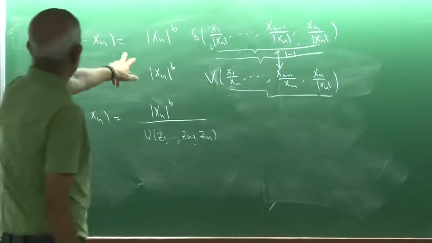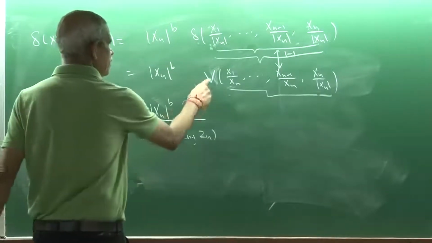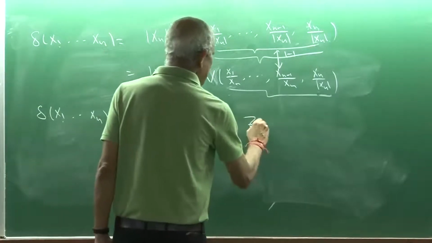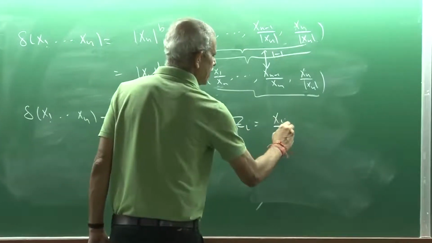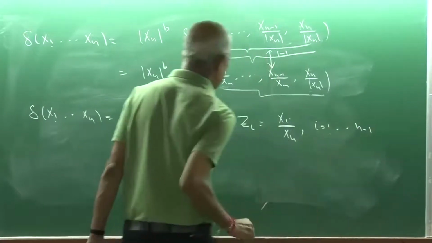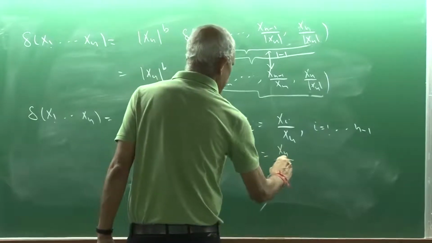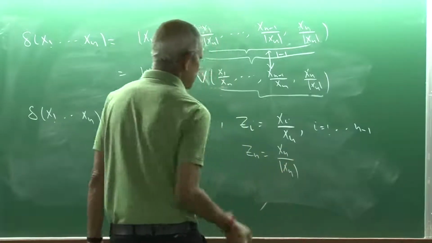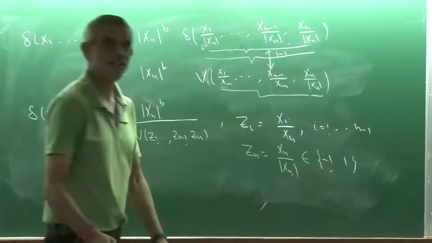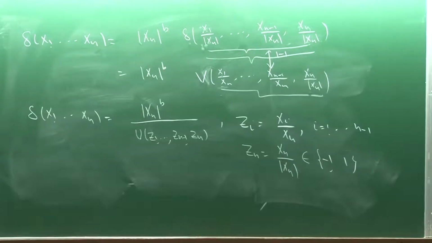Because finally I want my delta to be positive, v should be positive, so u is positive. And what is my zi? Zi is nothing but xi upon xn for i equal to 1 to n minus 1. And zn is nothing but xn upon mod of xn. Now note that zn can take only two values, minus 1 and 1, depending on whether xn is negative or positive.